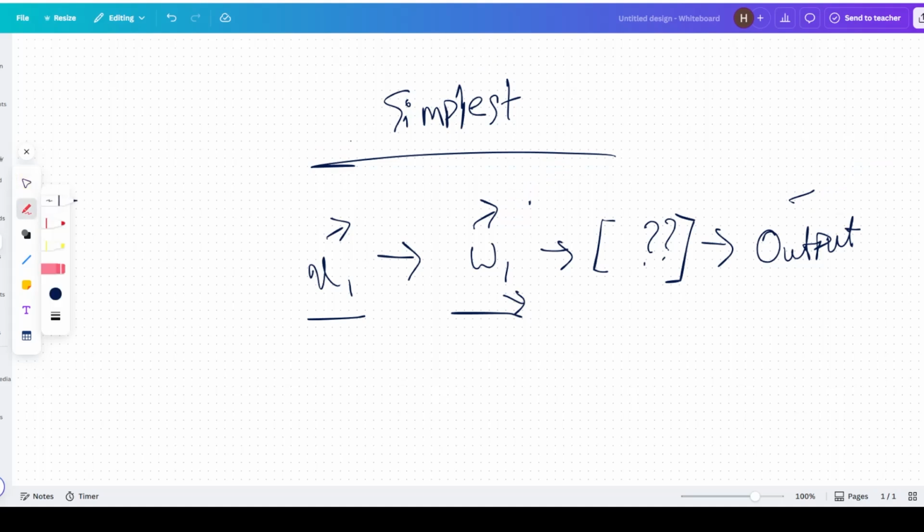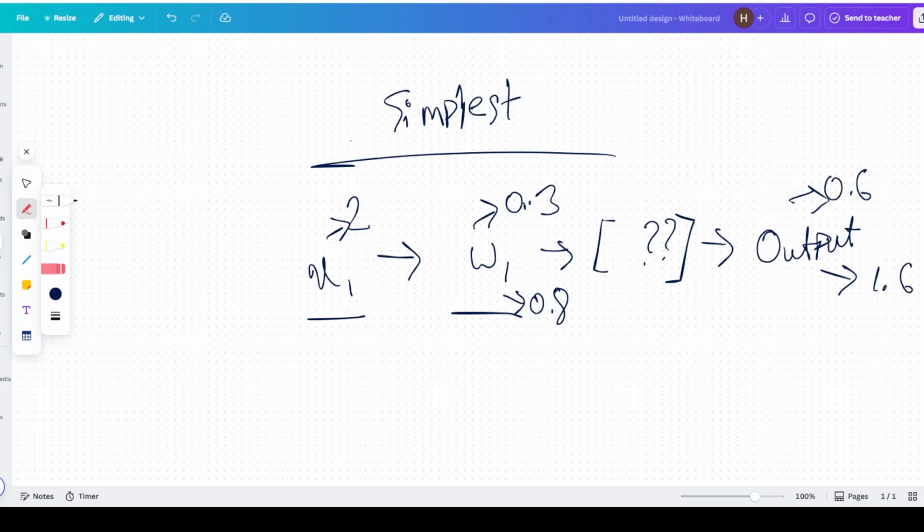So let's say our input is 2 and I have a weight of 0.3. What will be my output here? If I multiply these both, I will have an output of 0.6. Again, if I have an input of 2 and a weight of 0.8, I will have another output of 1.6.